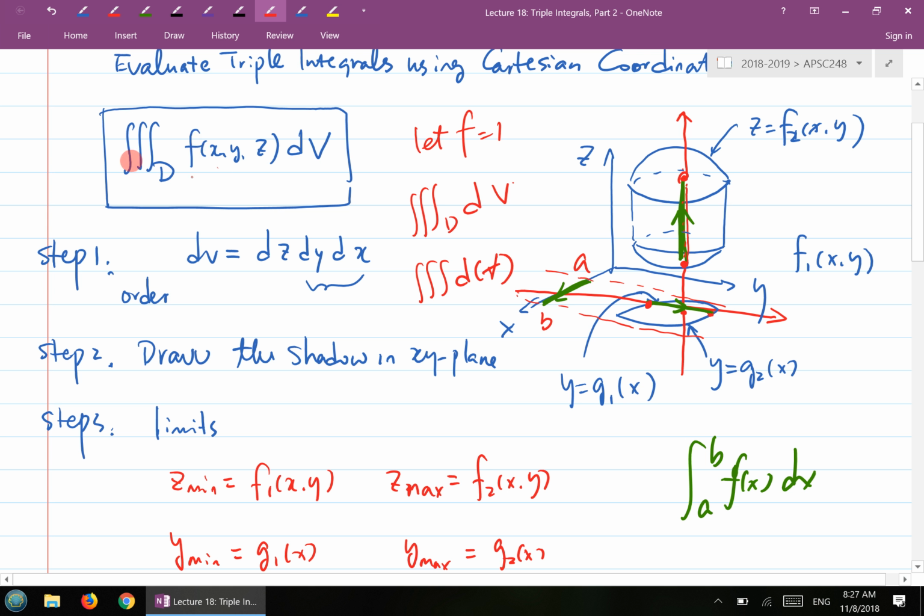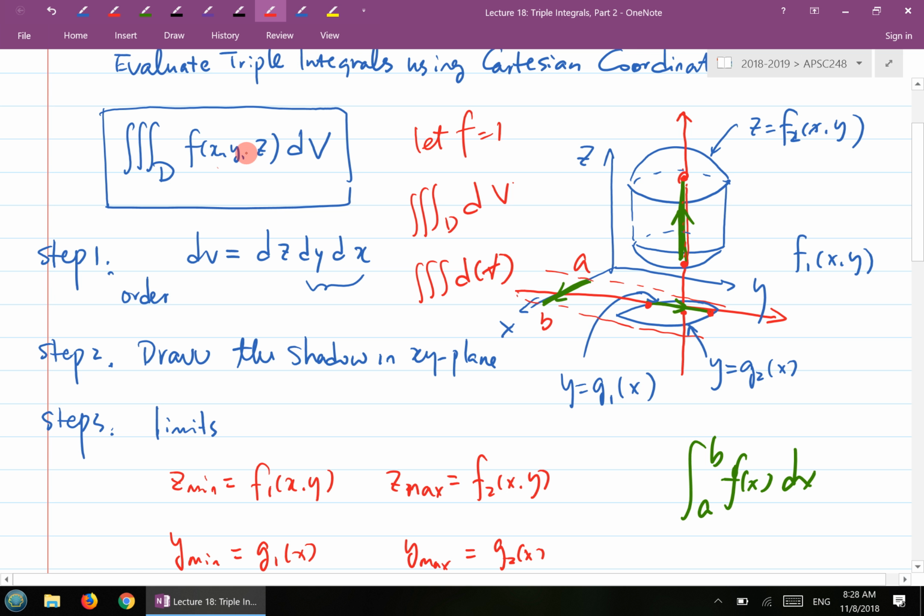If you associate this formula with some other application, maybe this is temperature. So maybe this represents the temperature at every point within the region D. Then you're integrating all the temperature together within this region D. So it's really hard to say what f is here. In very simple language, I would say f is nothing but just a function. But in the real application, f definitely has a certain specific meaning there. Does that answer your question?